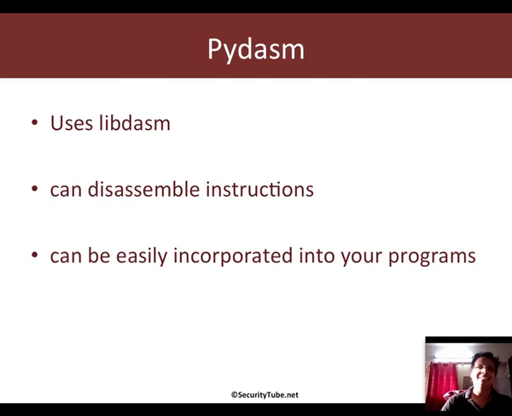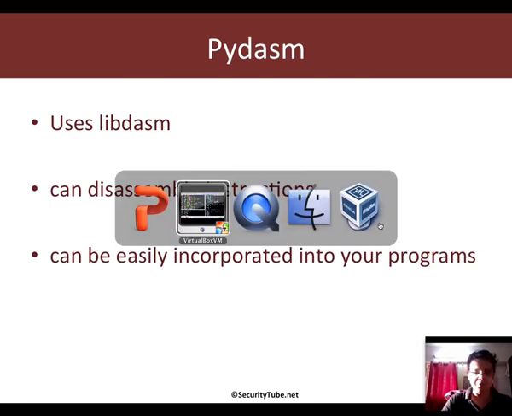The most fantastic part is that with Pydasm, your programs can disassemble binary, look at instruction sets, take decisions, and do a ton of things, which is very critical when you want to analyze any binary sample. So let's see how we can do this.